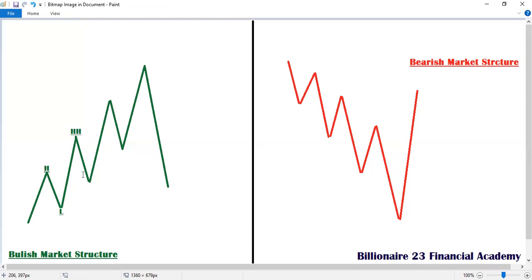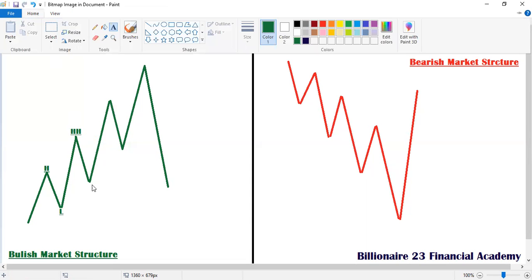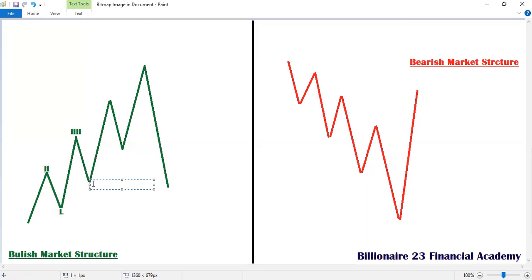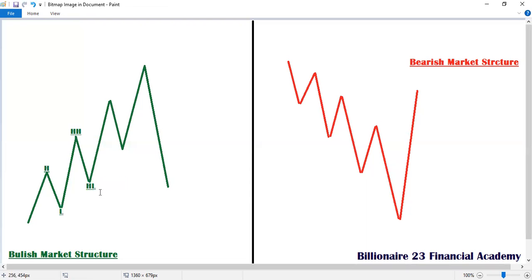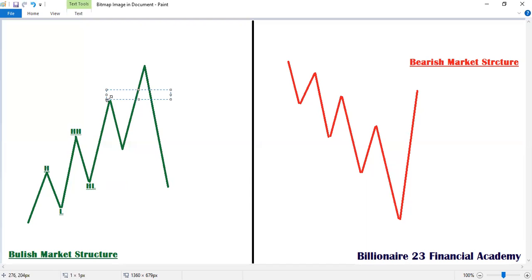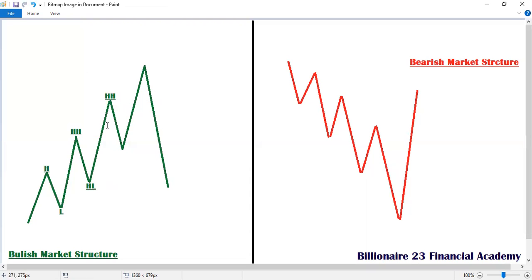Price then drops down and forms a higher low, because this low is higher than this low. Price then moves up again and forms a higher high. Why? Because this high is higher than this high.